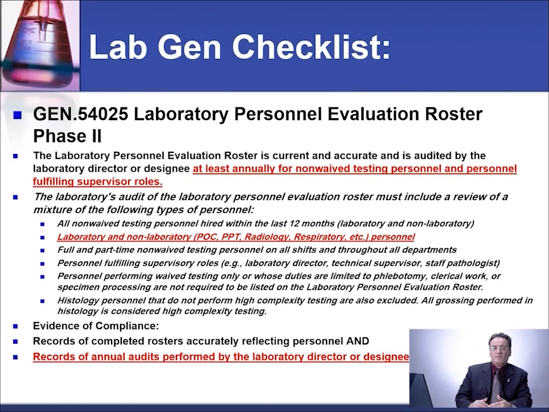Then update it annually, because you're going to need it for your next inspection. So make sure it's updated all the time, so you don't have to take a long time trying to update it if you don't keep it updated every time somebody comes or goes.